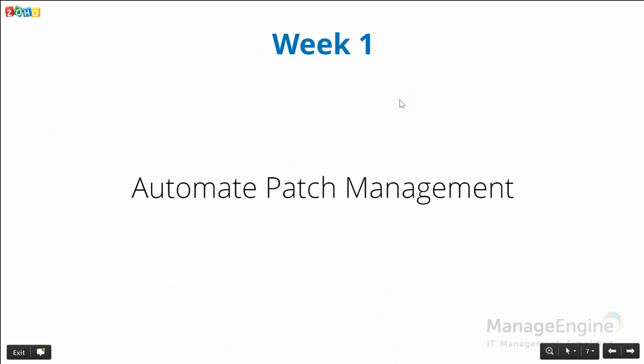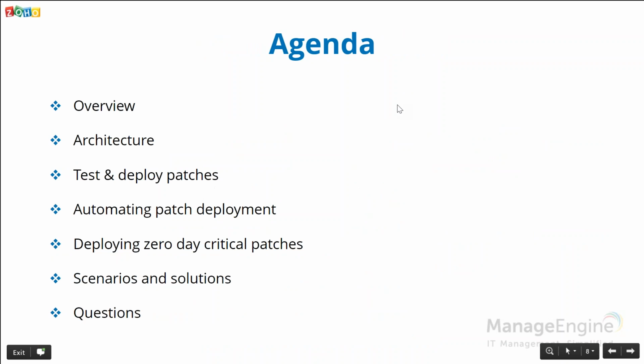All right, so let's start with week 1, which is automating patch management using Desktop Central. Here goes the agenda for today. First is the overview: what is patch management, how it works, and the product architecture as well as the patch management architecture. Then I've taken a few scenarios to explain the features in a better way, like how to perform tests and deploy the patches to your production machines as well as test lab machines.